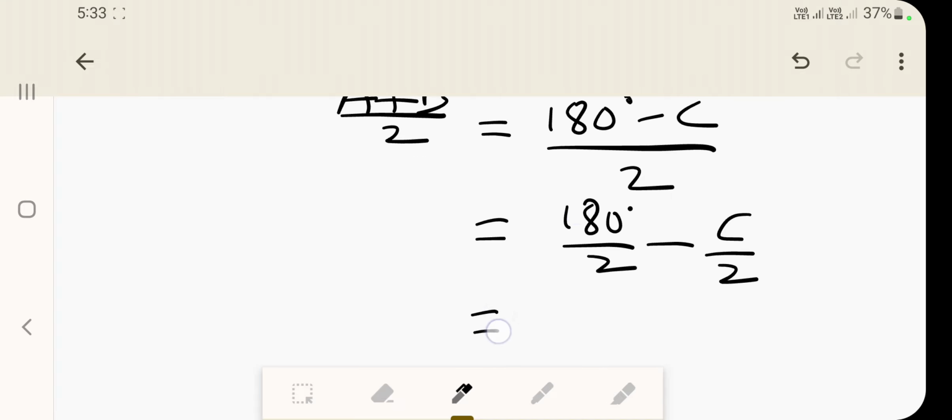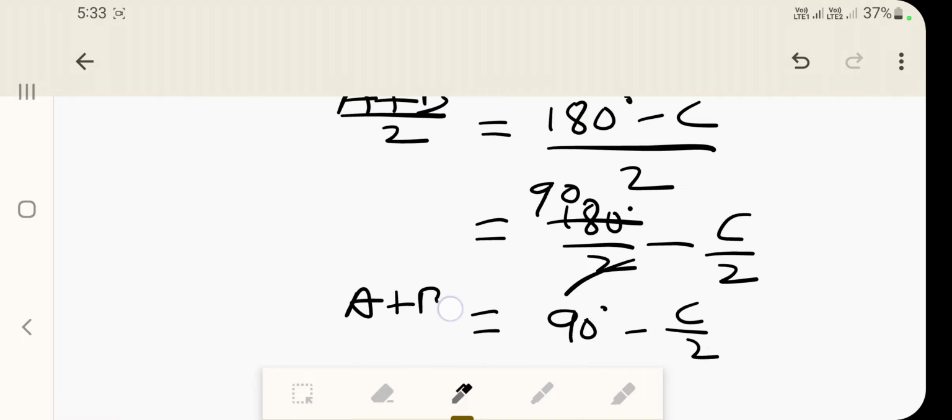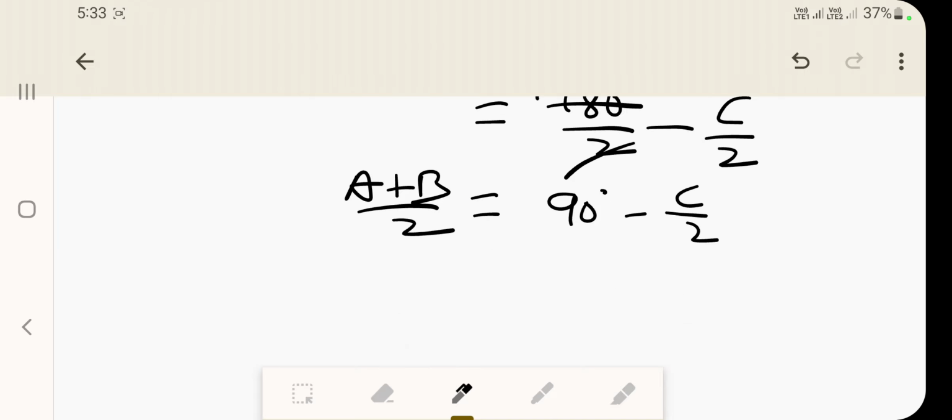We know that 180 by 2 is 90, since 2 nines are 18. So 180 by 2 is 90 minus C by 2, and we get (A plus B) by 2.